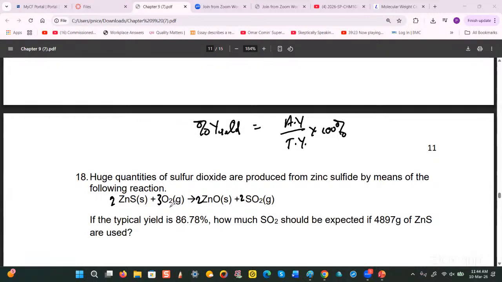So the question says, if the typical yield is 86.7%, so that's percent yield, how much sulfur dioxide should be expected if 4.897 grams of zinc sulfide are used, all right? So let me scroll down.